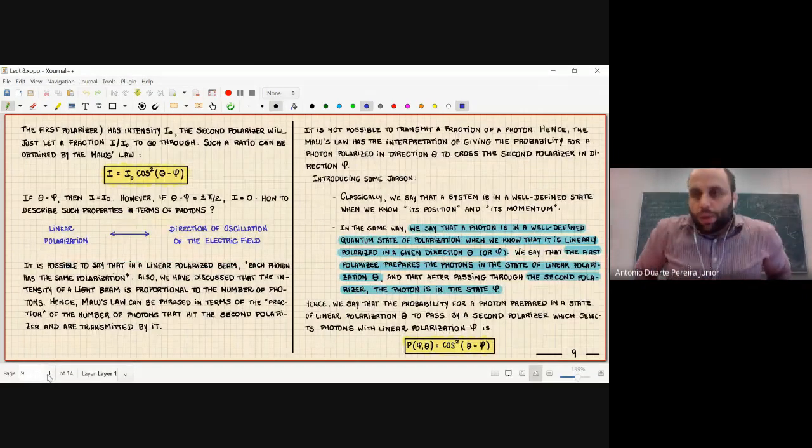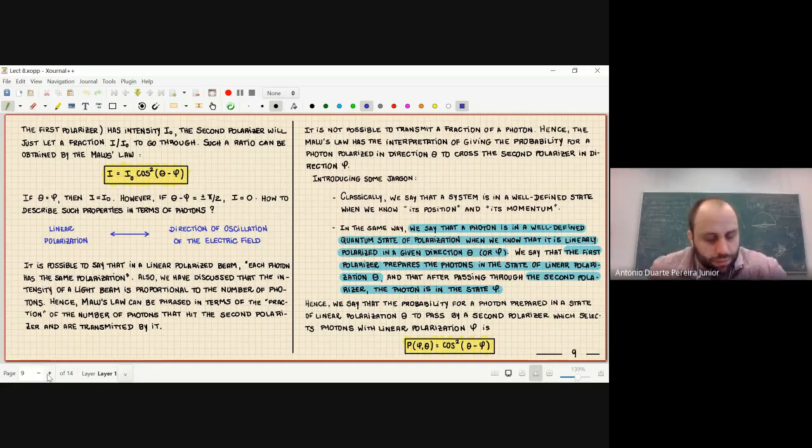If you didn't learn that before, it's easy. But if you did, I want to remind you that when you analyze the polarization of light using classical electromagnetism, you know how to compute the intensity.